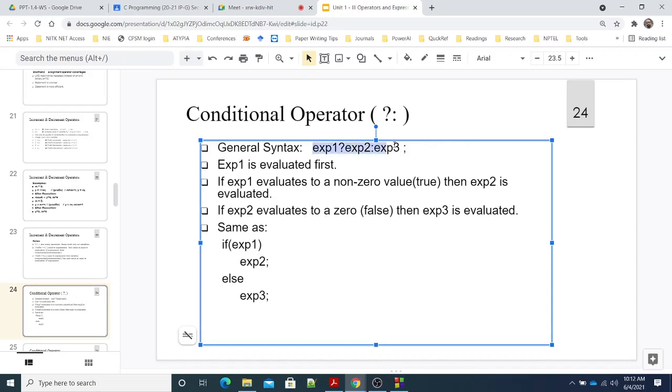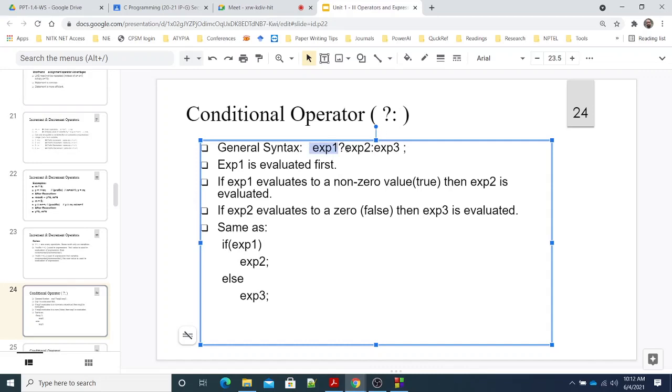So the general syntax is like this. You have expression 1 or operand 1, expression 2 or operand 2, expression 3. Operand 1 and operand 2 are separated by a question mark, then operand 2 and 3 are separated by a colon.